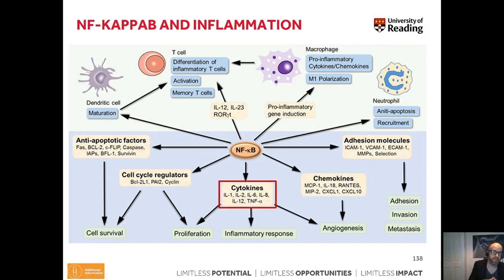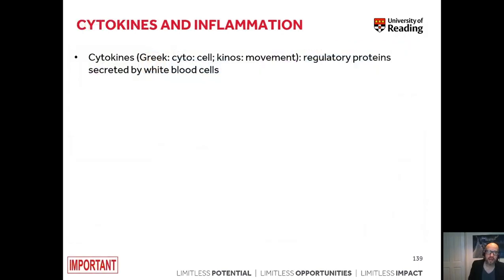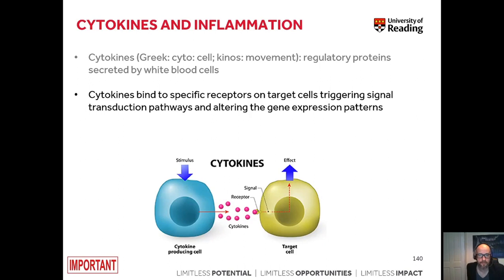What you should remember, though, is that NF-kappa B triggers release of cytokines, and cytokines are the main molecules involved in mediation of inflammation. Cytokines are regulatory proteins secreted by all white blood cells.